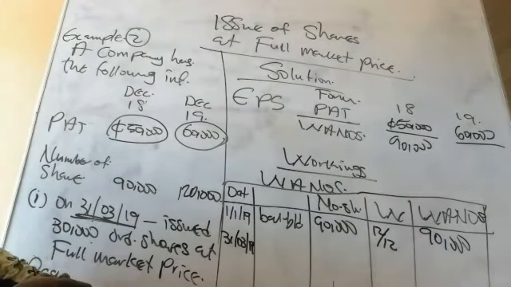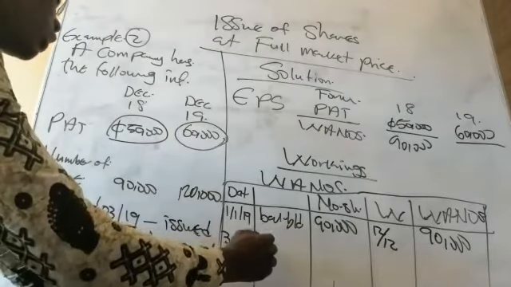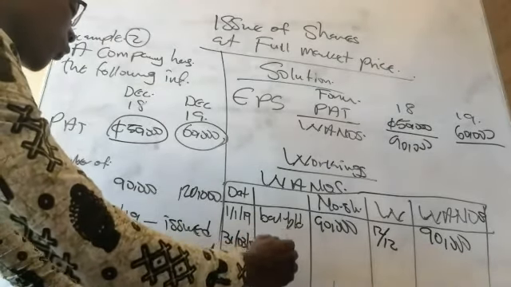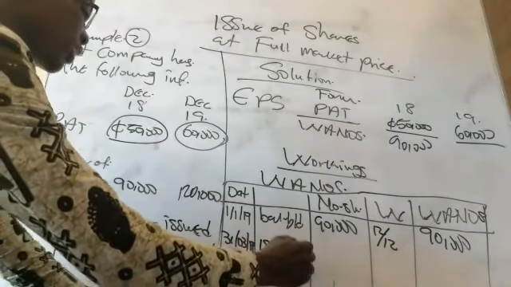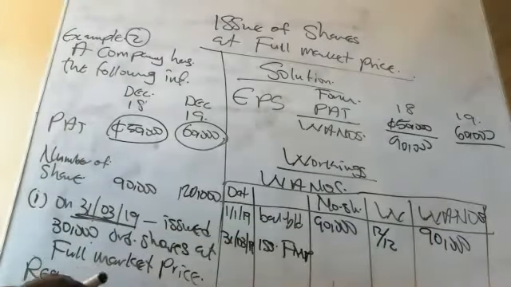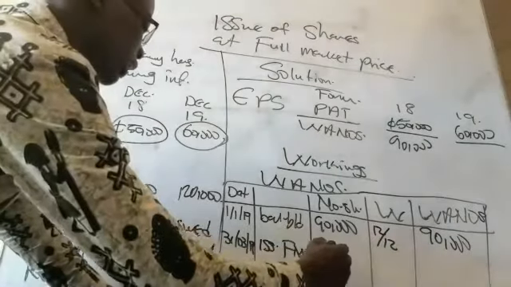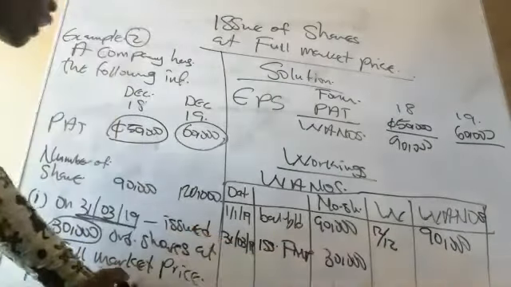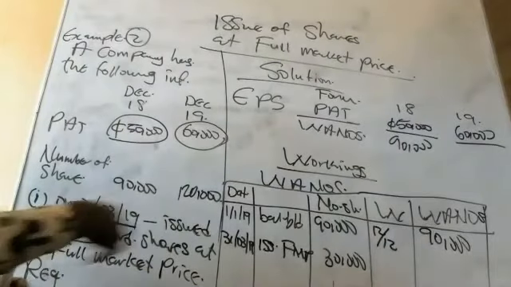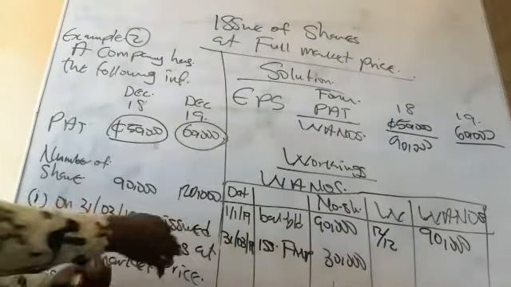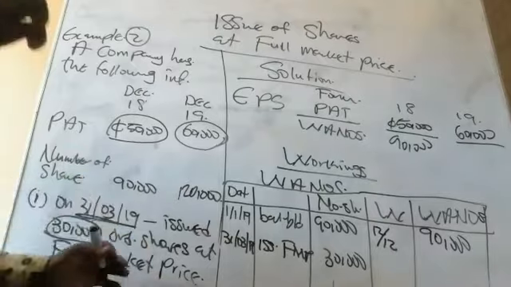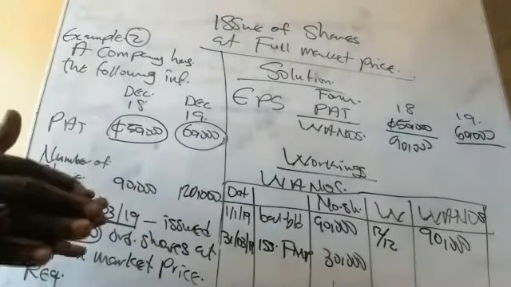What will be for the issue of shares? So it is an issue of shares at full market price. That's all I want to know. How many shares came in? If you issue 30,000 ordinary shares, then from the date they issue the shares up to the year end, ask yourself how many months, so that we can take the average of that.